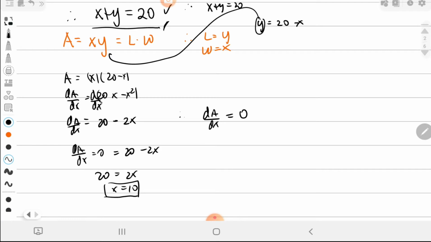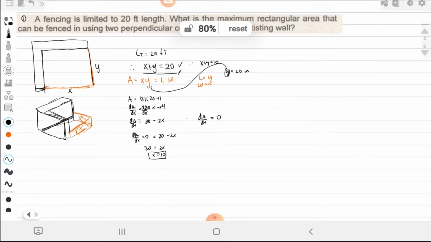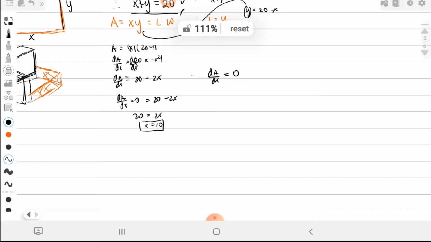Okay? So, since we have x equal to 10, if you are not sure that it is the maximum value, what we do is take our second derivative test or first derivative test. From here, since it is easy, I will use the second derivative test to determine if it is a maximum or minimum value. So dA over dx is equal to 20 minus 2x.